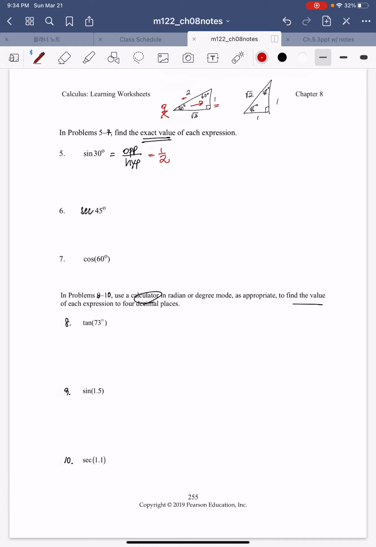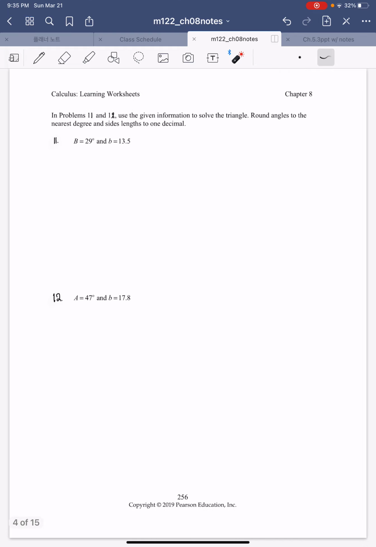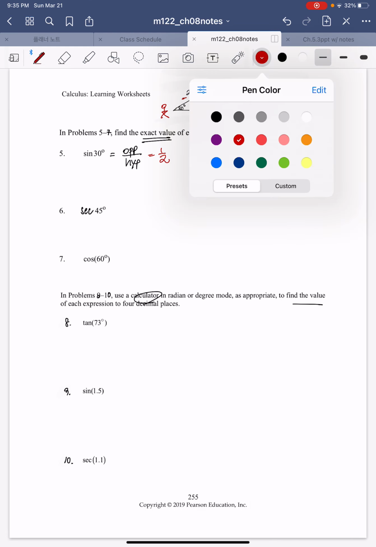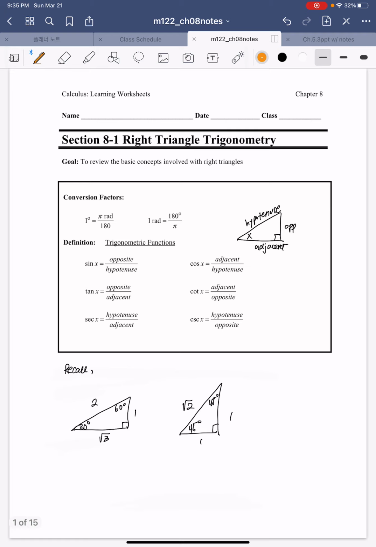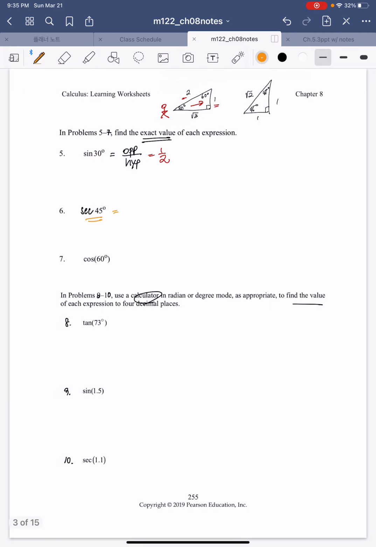Secant. Let's recall, secant is hypotenuse over adjacent. Let me use a different color so you don't get confused. Secant of 45 is, again, hypotenuse over adjacent, so write it down.